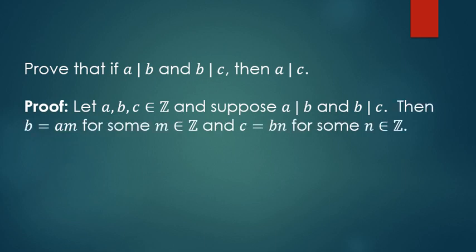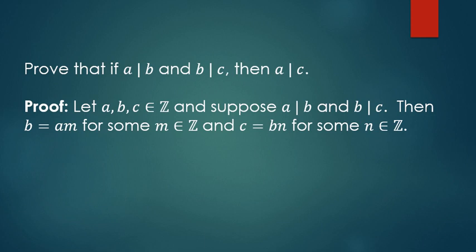Well, since A divides B, by definition, B is equal to A times some whole number M. And then since B divides C, C is equal to B times some whole number N. Those are just the straightforward definitions of what it means for a number to divide another number.